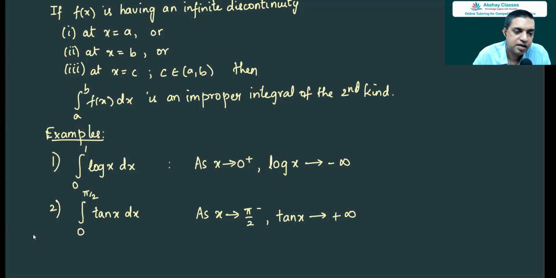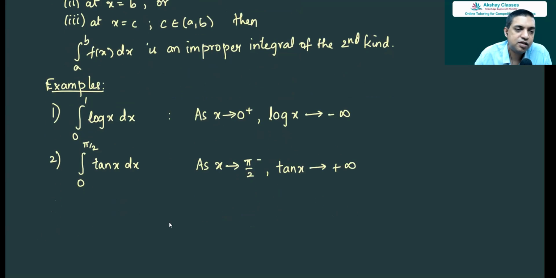So basically it is at least one point which is outside the domain. In the first example, at the lower limit the function is not defined. In the second example, at the upper limit the function is not defined.